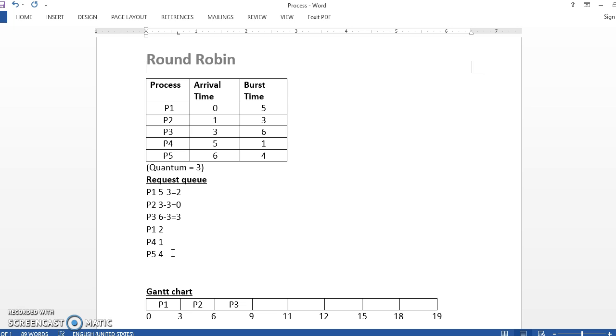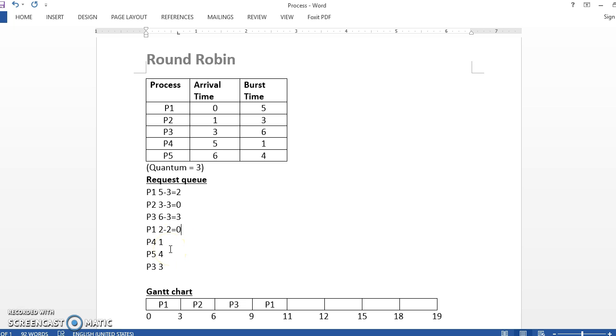We put it back in the queue. Next in queue is P1, so we execute that again. This time for only 2 seconds to finish the remaining time left, so from 9 to 11 completing the process P1.